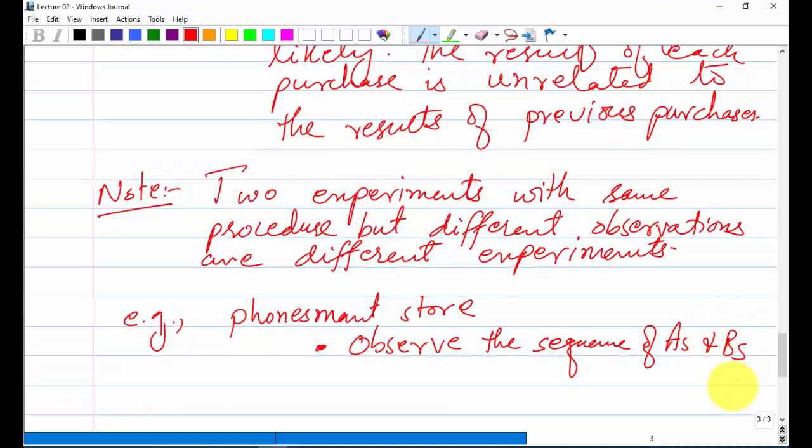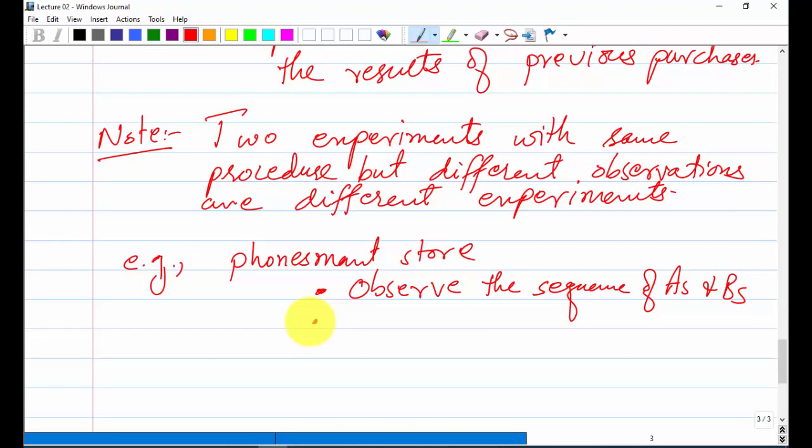But if we observe something else, like the number of apricots, this is another experiment. Now I hope you have understood this basic concept.